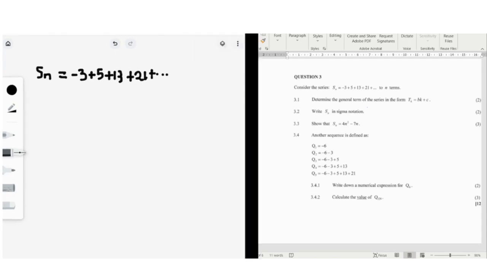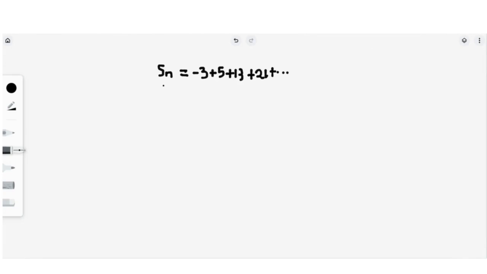All right. Since it's in terms of tk, we're looking for the sequence. So let's check if we're getting a constant difference or a ratio. T2 minus T1 is 5 minus -3, which is 5 plus 3, equals 8. Now term 3 minus term 2 is 13 minus 5, which is 8.